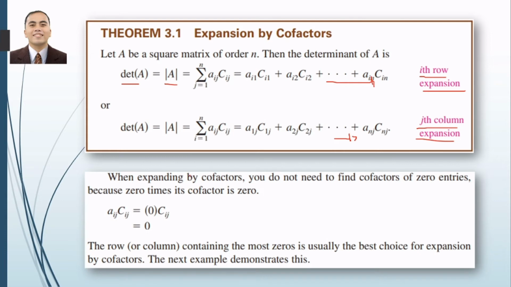When expanding by cofactors, you do not need to find the cofactors of 0 entries, because 0 times its cofactor is 0. For example, A sub ij times C sub ij becomes 0 times C sub ij, which is equal to 0. So the row or column containing the most zeros is usually the best choice for expansion by cofactors. The next example demonstrates this.